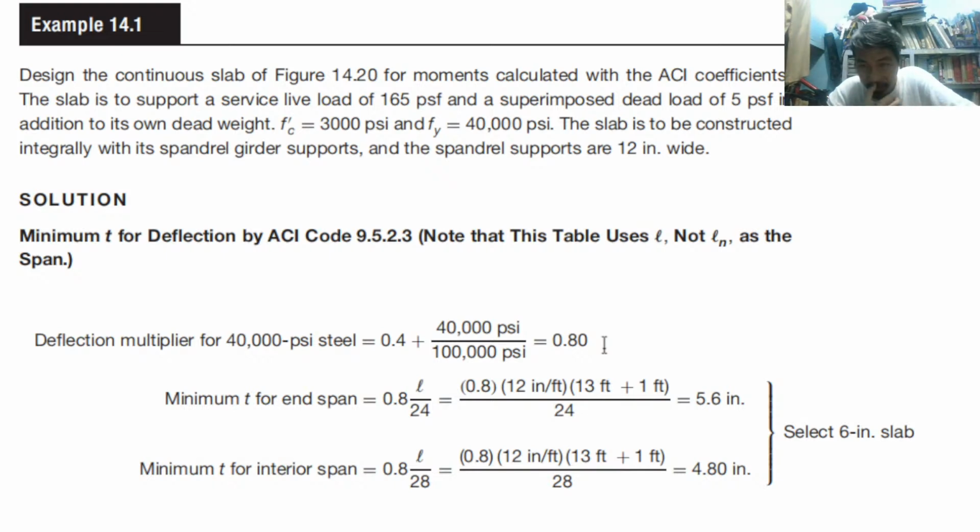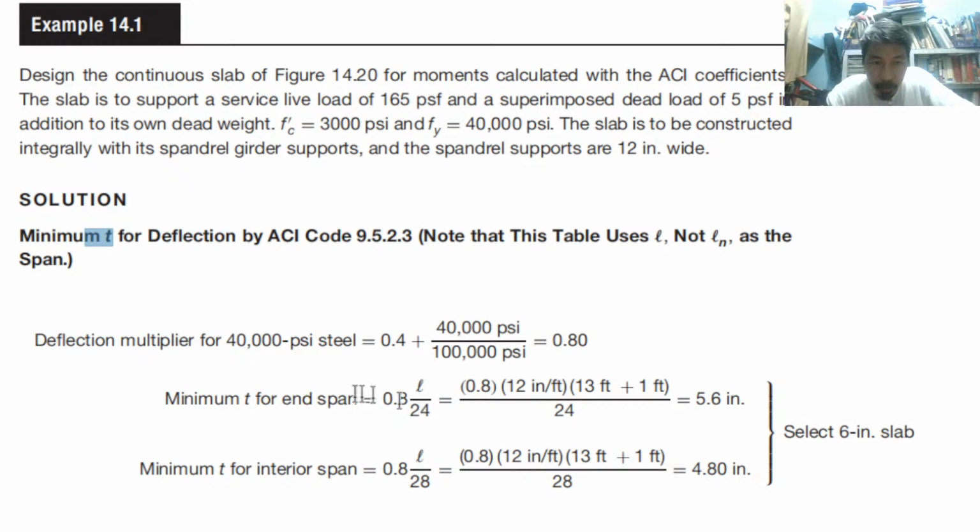So the minimum T for the end span and the minimum T for the interior span. These are for code section 9.5.2.3 for the minimum value of T, thickness. So we can estimate that.